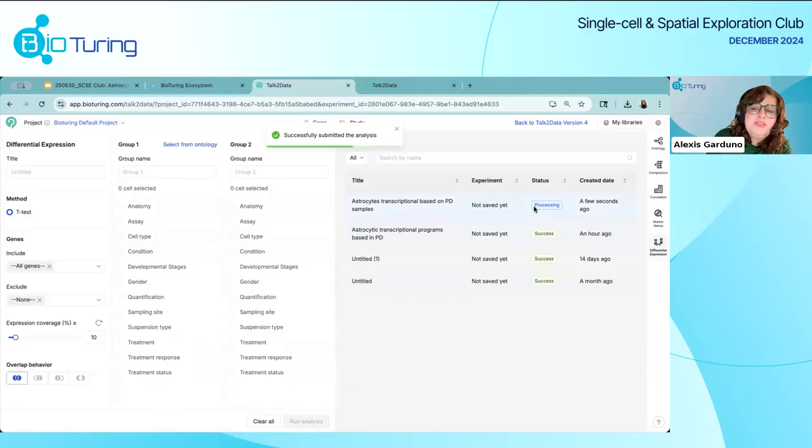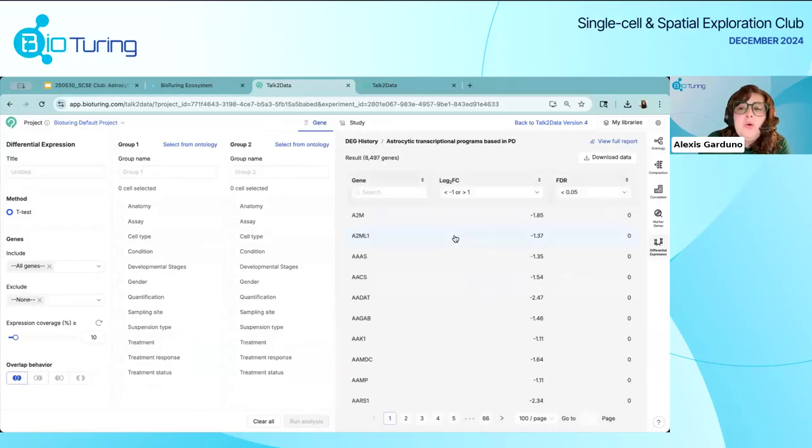It'll show you the system when it's processing, and once it's done, it'll show you a success rate as well. So what can we see from here? Normally when you run the differential gene expression analysis, you get a full list of differentially expressed genes with different log fold changes across both directions. So you can identify genes that are upregulated within these two different groups or downregulated within these two different groups.